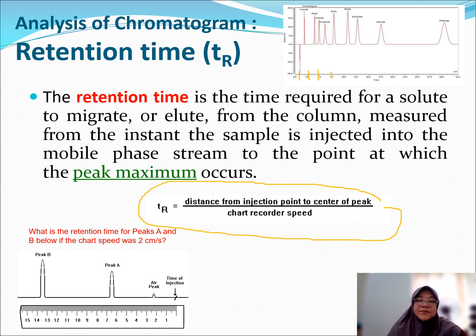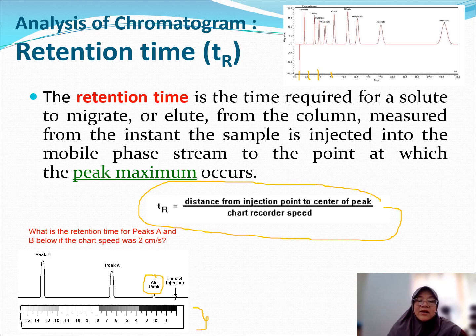And for example here, this is the time of injection of your samples, and then at 2 seconds of retention time, here will be the retention time, at 2.2 seconds, one peak comes out, and this is the air peak.